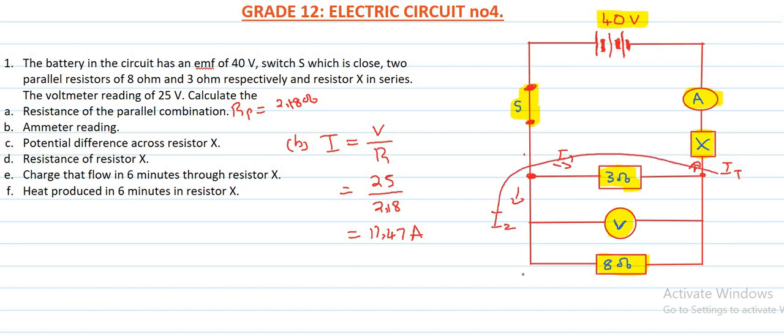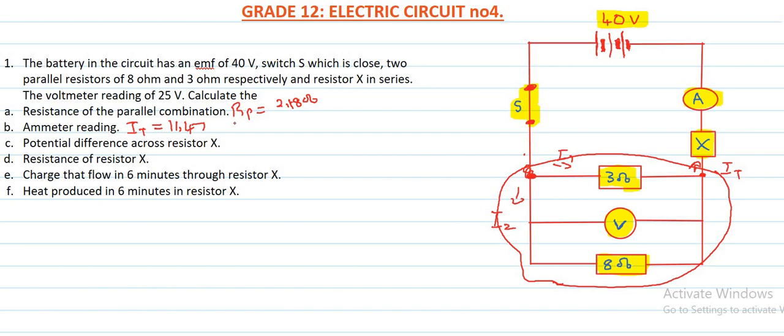This parallel circuit will be in series with the resistor X. So the current entering this point will be the same as the current that leaves this point, which will also be the current through resistor X. Therefore, the ammeter reading, which is the total current, will be equal to 11,47.